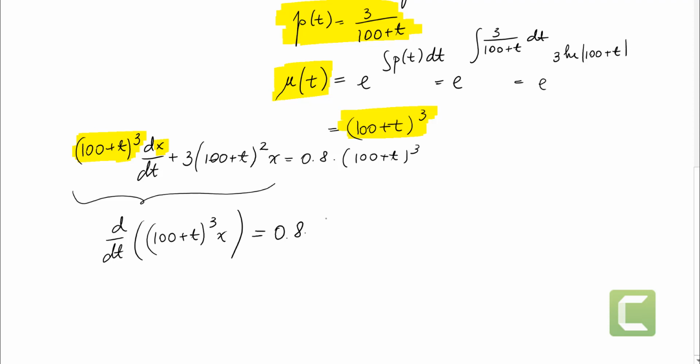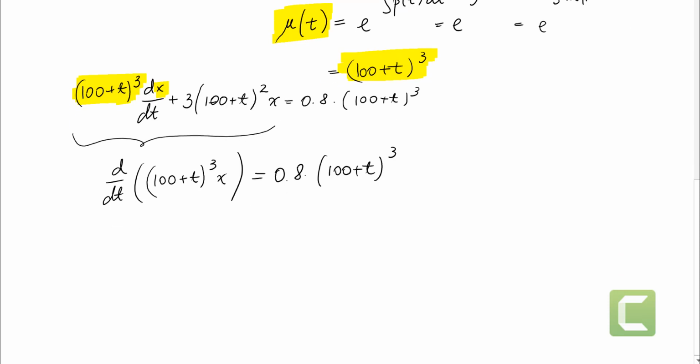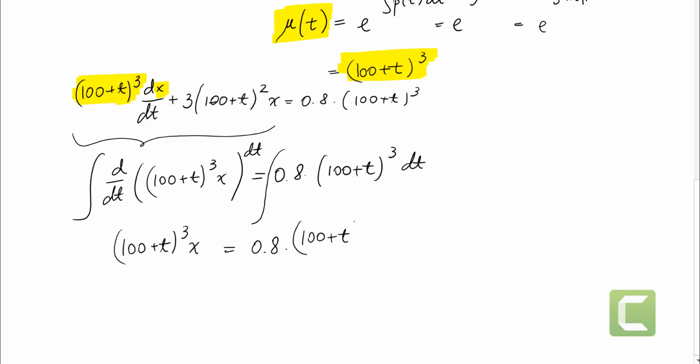Equals 0.8 times 100 plus t to the third, so we can integrate both sides with respect to t. The left hand side becomes 100 plus t to the third x, and on the right hand side 0.8 comes in front, and we get 100 plus t to the fourth over 4 plus c.